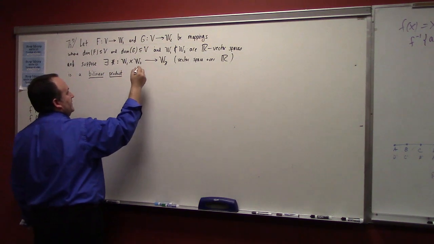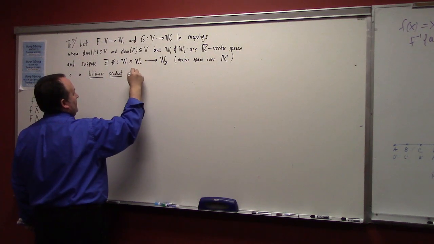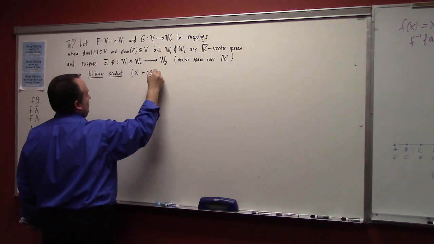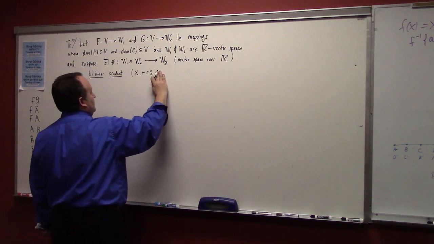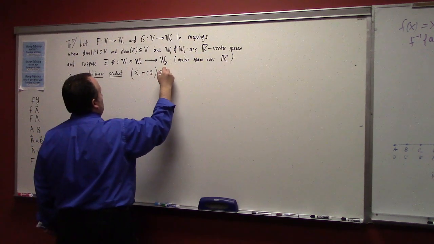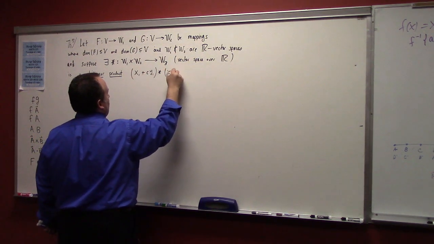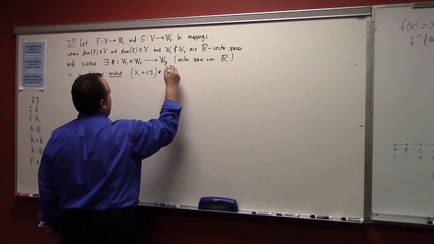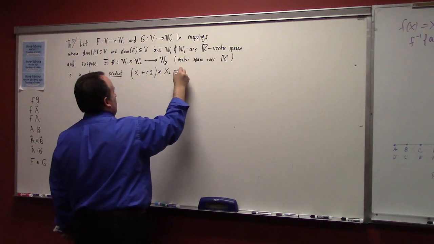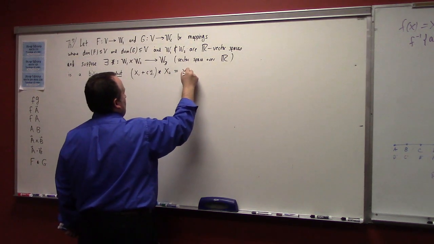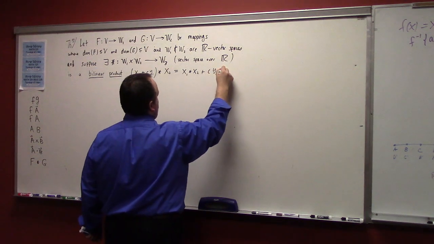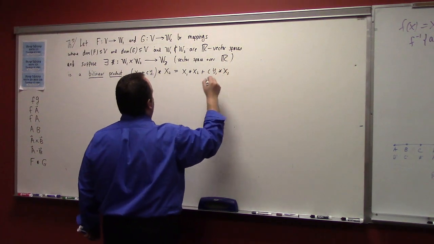Meaning that, if we have, for example, x1 plus c y1, star x2, we get x1 star x2 plus c times y1 star x2.